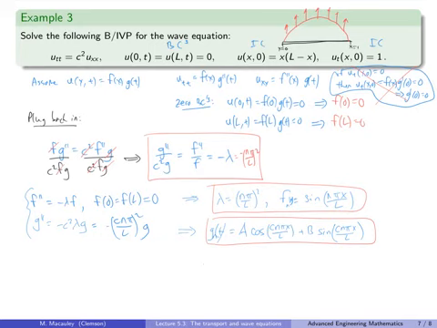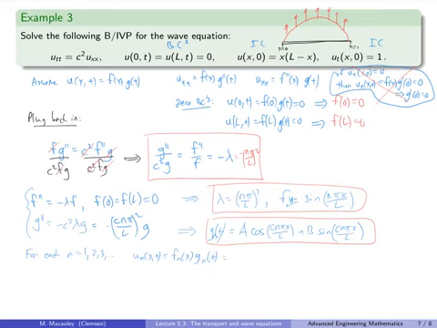So now what we have is a solution. So for each n, what about n equals 0? If n equals 0, then this is 0, so we don't get anything. So for each n, 1, 2, 3, etc., we have a solution u_n(x,t) equals f_n(x) times g_n(t).